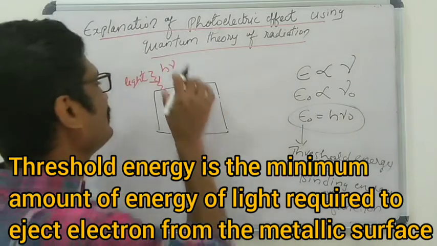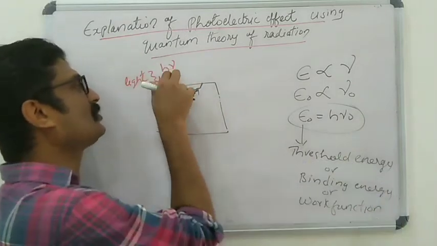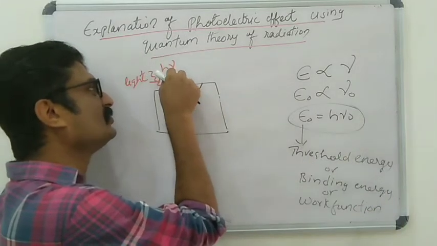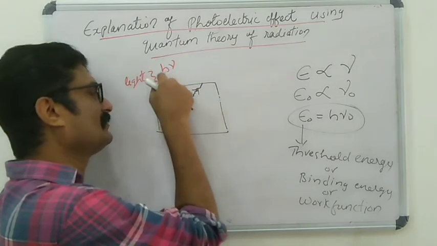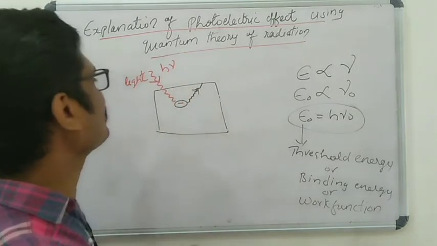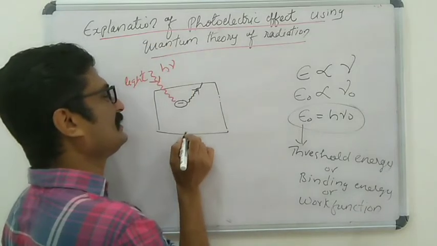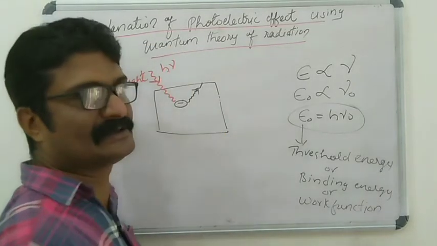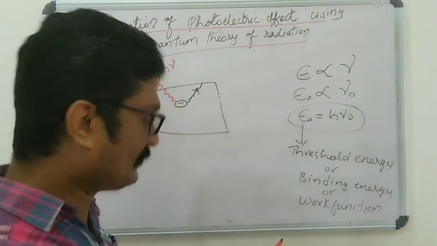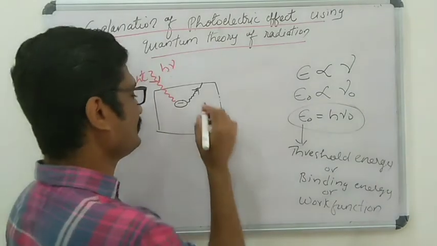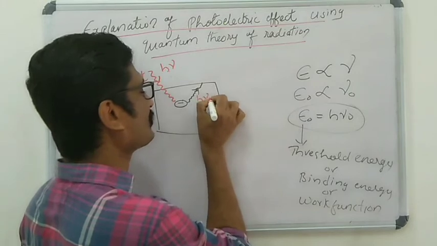So here, a photon having energy h nu falls on the metallic surface. Some of its energy is utilized in the form of threshold energy, that is h nu 0.